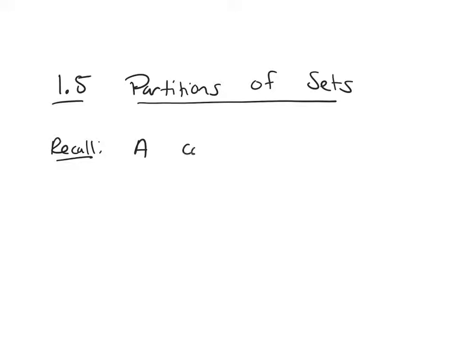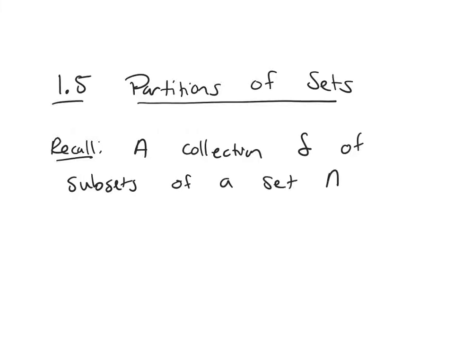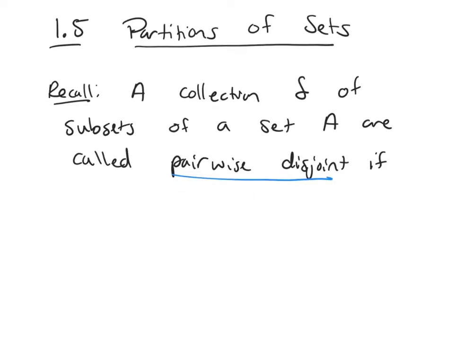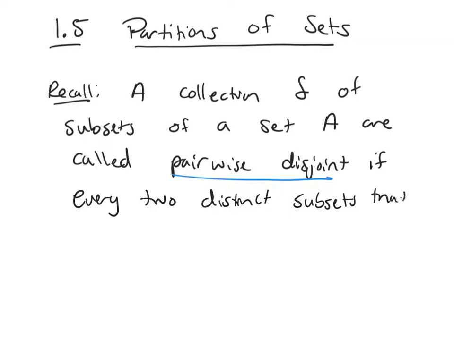So we'll say that a collection, which I'll call S, this curly S, of subsets of a set A are called pairwise disjoint if and only if every two distinct subsets that belong to S are disjoint.